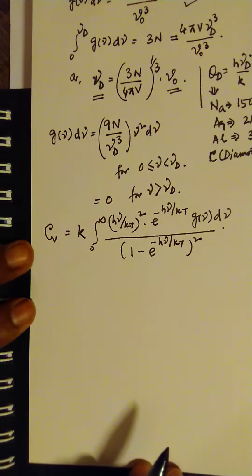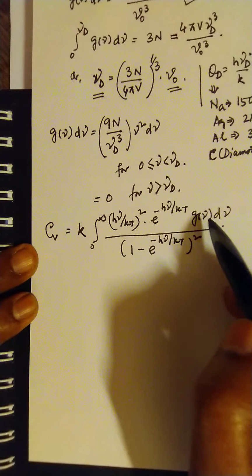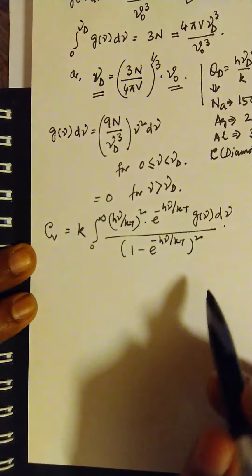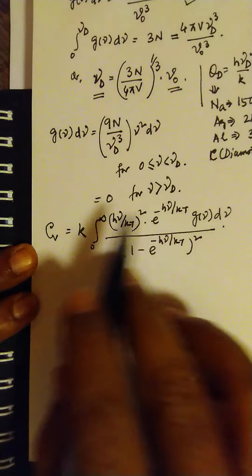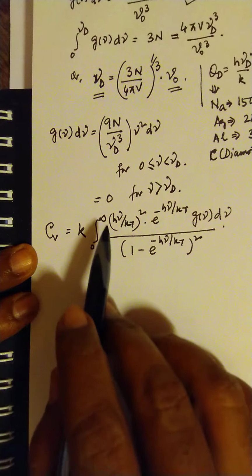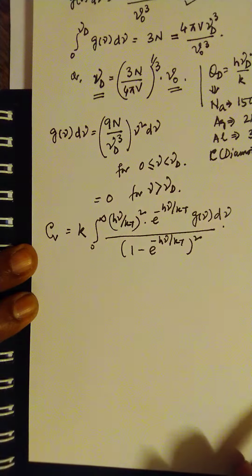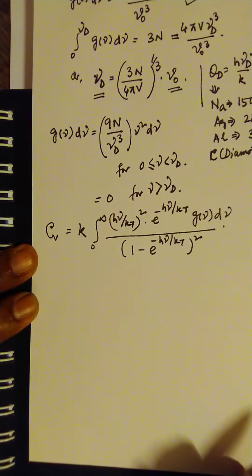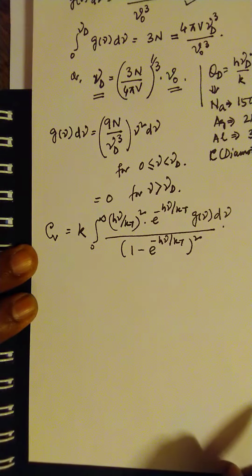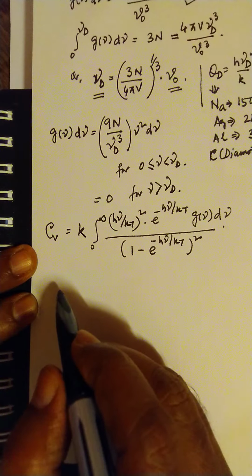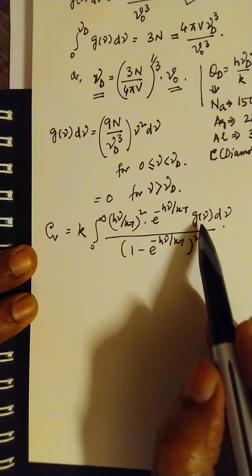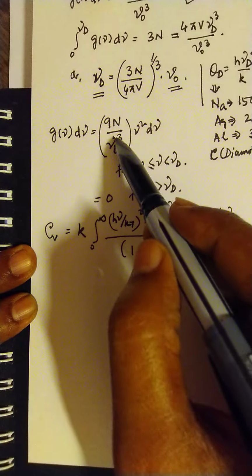Now remember, in Einstein's case, this g(nu) became a delta function, so solving this integration was very easy. The integrand just had nu substituted by nu_E, and that led to the Einstein result. But in this case you do not have that simple result, so the integration remains in the expression. And what we do now is substitute this g(nu) with this.